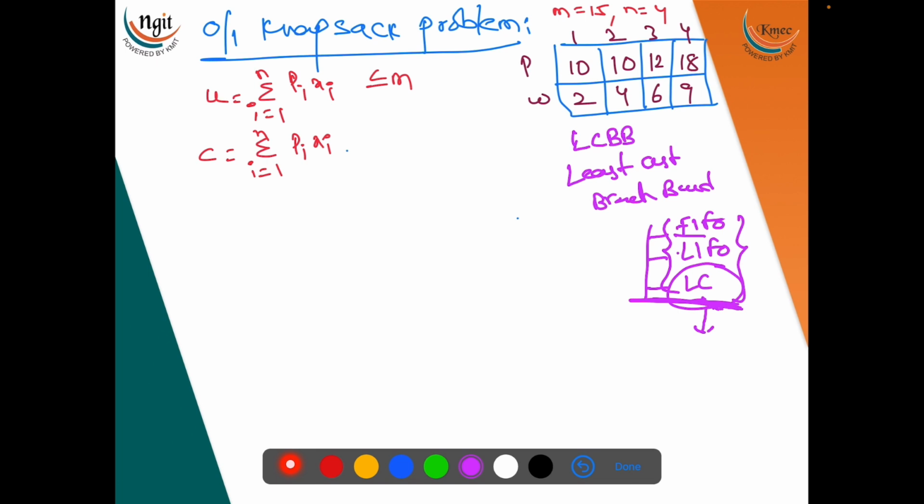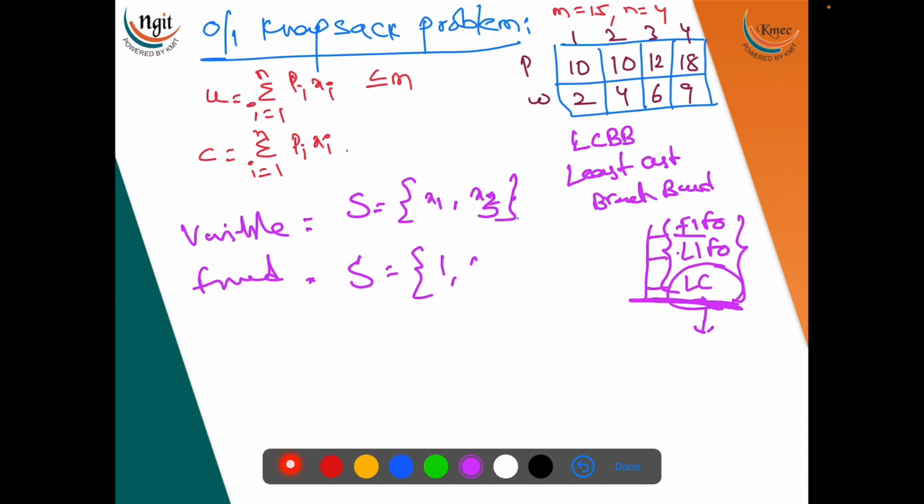Now the solution for this problem can be written as a variable size solution or a fixed size solution. Variable size solution means which objects I placed in the bag. Let us see, x1 and x3 is my solution. Then what is the fixed size solution? 1, 0, 1, 0.